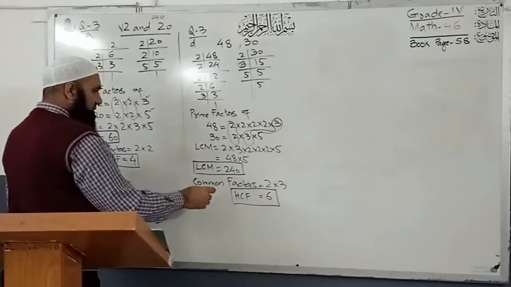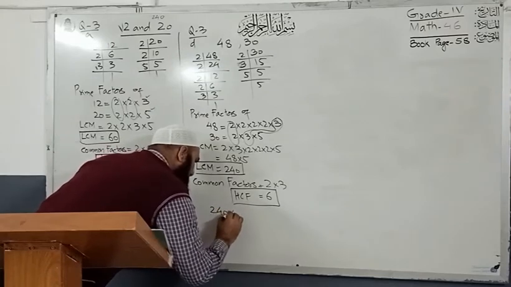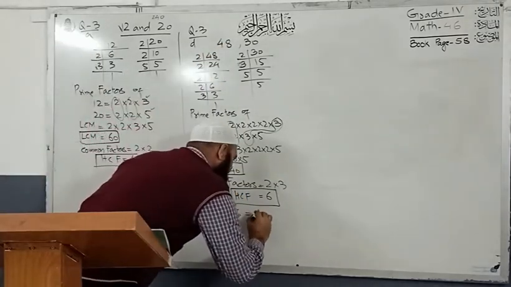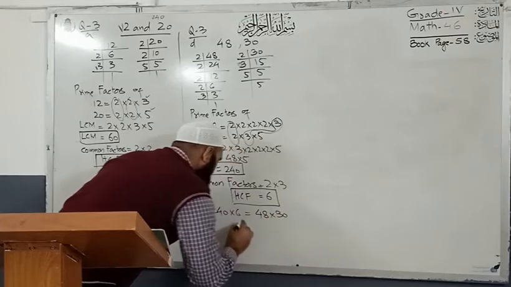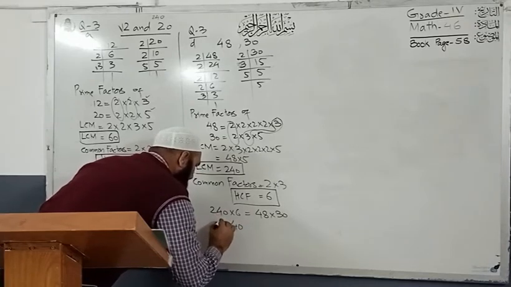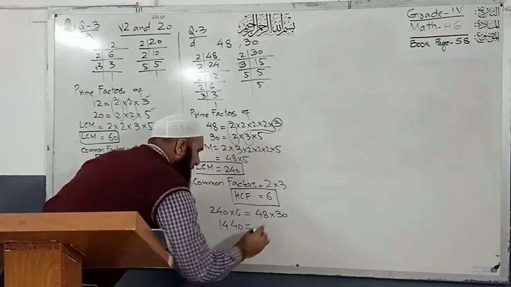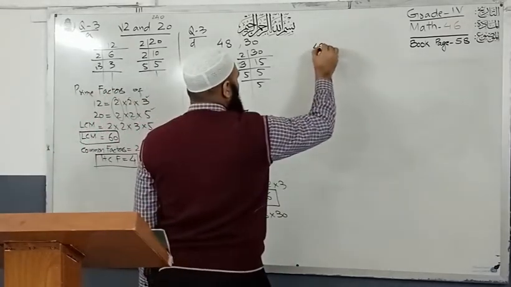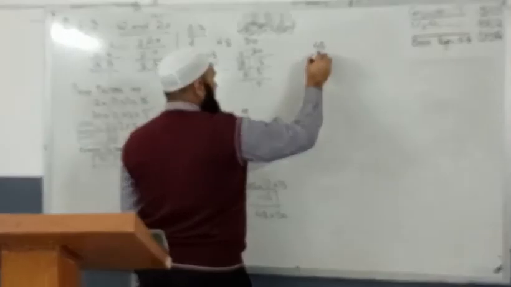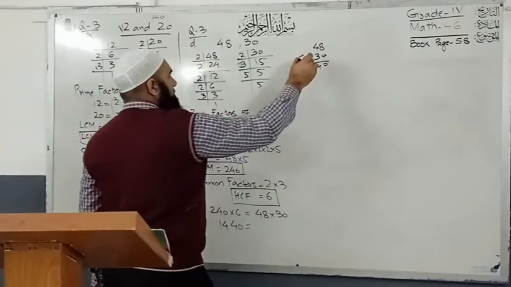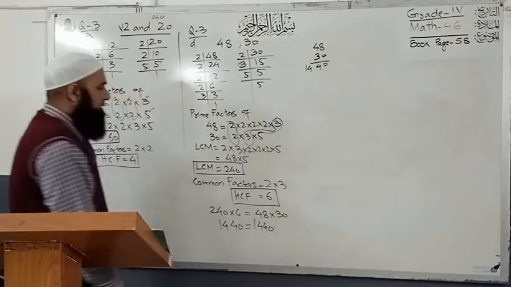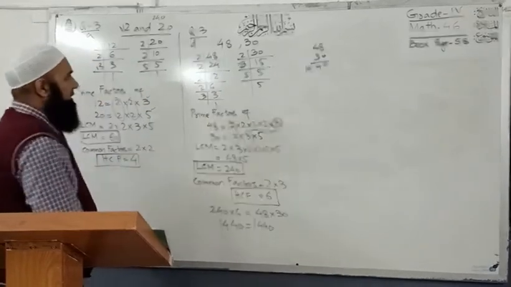HCF is 6. 240 multiply 6, this is our LCM, this is our HCF, is equal to 40 multiply 36. So 6 times 4 is 24, 2 carry, 6 times 2 is 12, 12 plus 2, 1440. And multiplying this, we get 1440, is equal to 1440. It means our answer is correct.